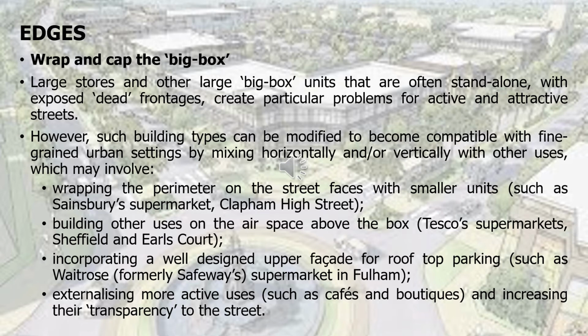However, such building types can be modified to become compatible with fine-grained urban settings. How? By mixing horizontally as well as vertically with other uses. Now, this may involve the following: wrapping the perimeter on the street faces with smaller units. An example would be Sainsbury's supermarket, Clapham High Street. You can search that on the net.